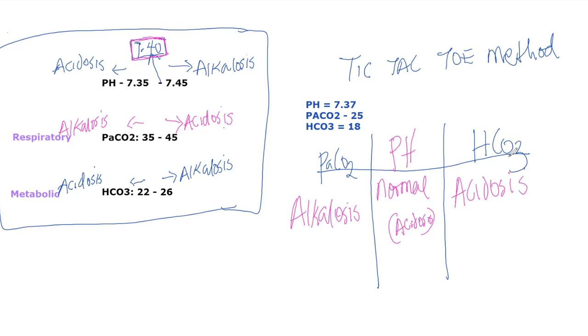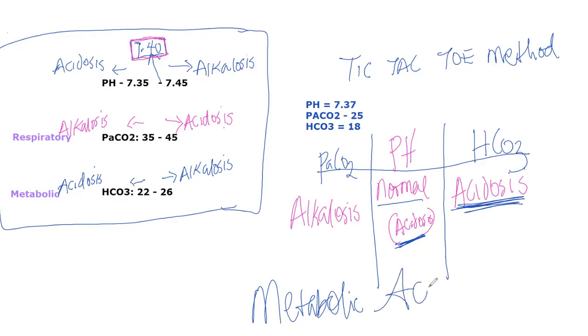So with this in mind, going back to your pH as your reference point, although I have a normal pH, we established that it leans more towards the acidotic side, so it matches with my HCO3. Therefore, I have a metabolic acidosis situation on my hands. And guys, that's all the examples I want to give you on how to interpret your ABGs.